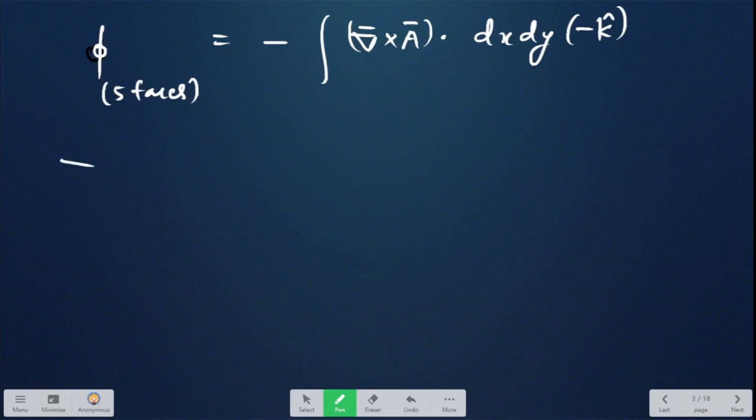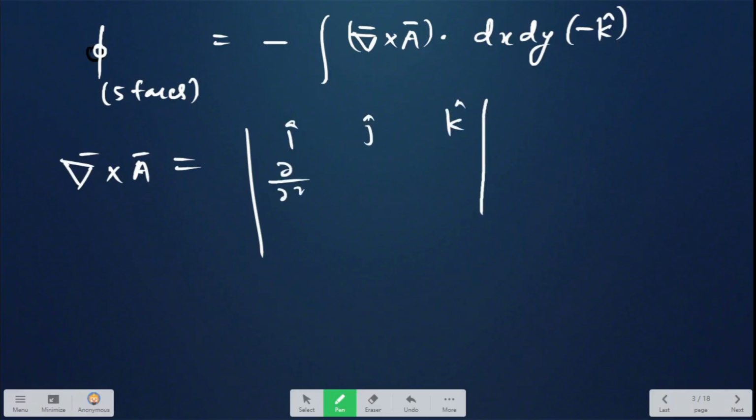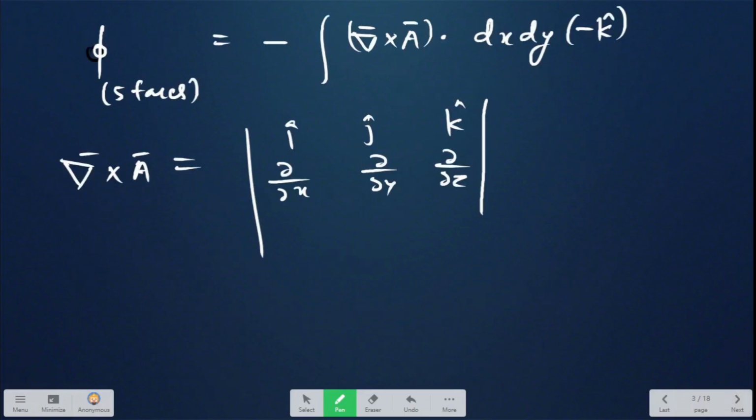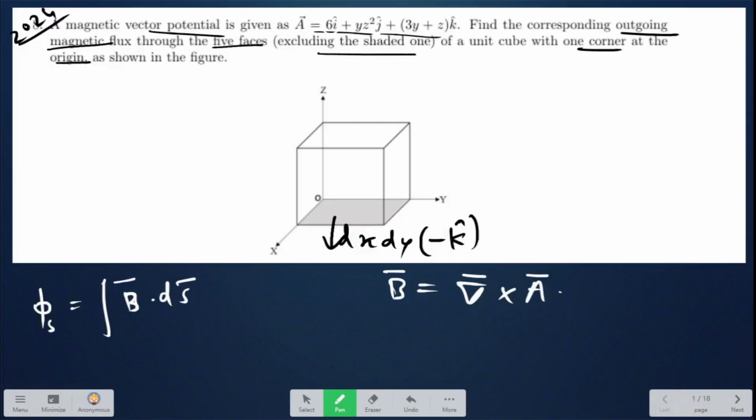Now let's find the curl of magnetic vector potential. This is equal to the determinant of i, j, k, del by del x, del by del y, del by del z. Now we have to write the components of A. The i component is 6, the j component is yz square, and then we have 3y plus z.